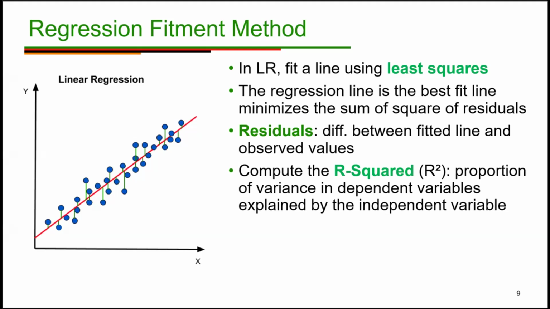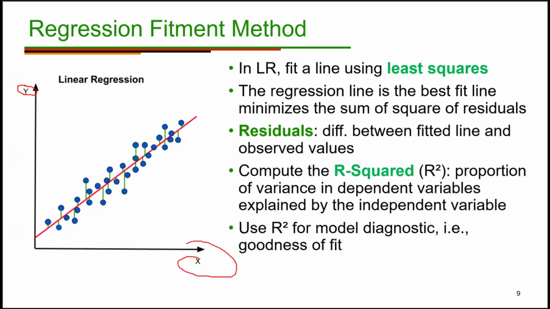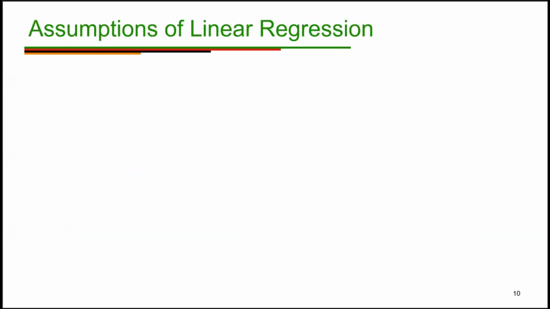This is the proportion of the variance in your Y, the outcome variable, that is explained by your independent variables. We use the R squared for model diagnostics, such as goodness of fit, in addition to other fit statistics that we can look at.